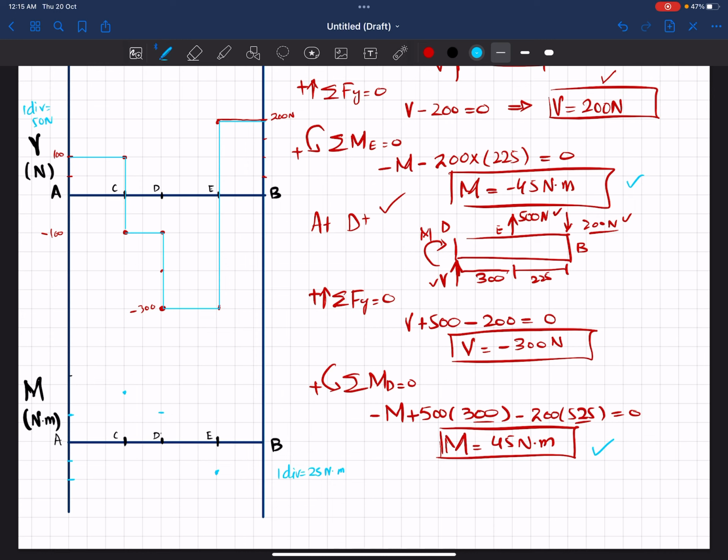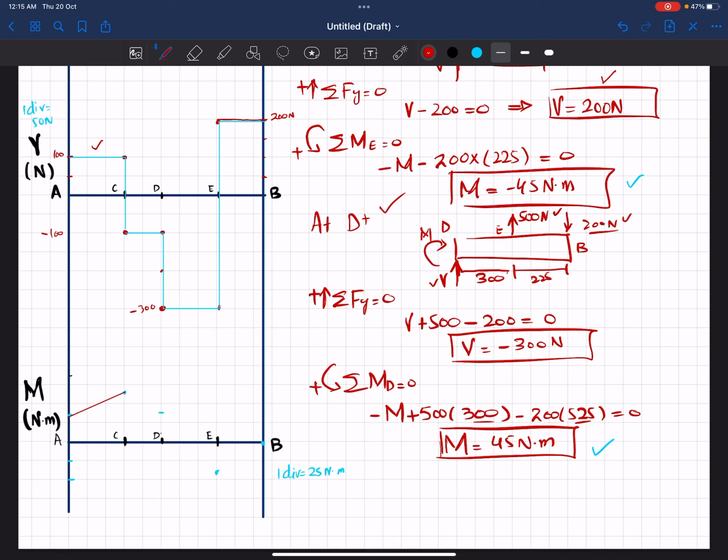And at point B the moment is equal to 0. Now you can join them. From point A to point C we have this line, because the shear force is a constant line of 0 degree, so the moment line will be first degree.